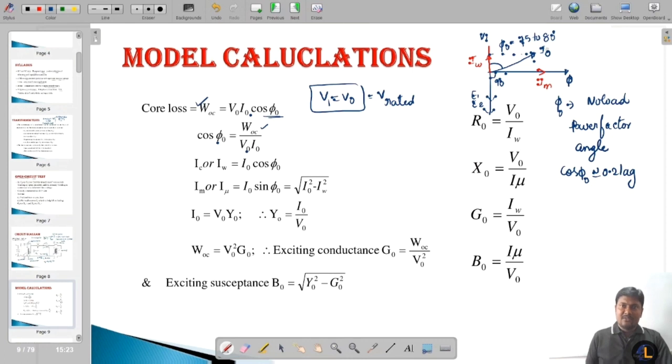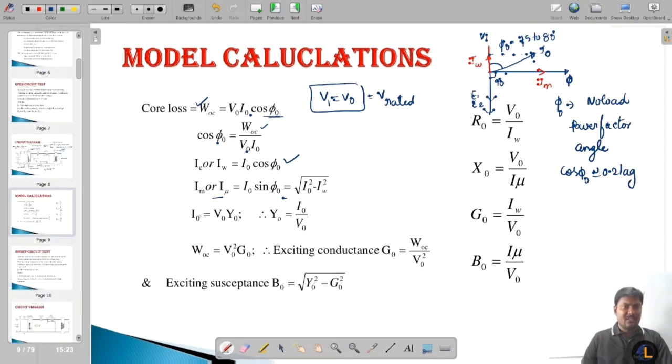So from this triangle we are getting the equations. I_W is equal to I naught cos phi naught, and I_M or I mu is equal to I naught sin phi naught. And so we can calculate the shunt branch parameters of an equivalent circuit. What are the shunt branch parameters of an equivalent circuit?